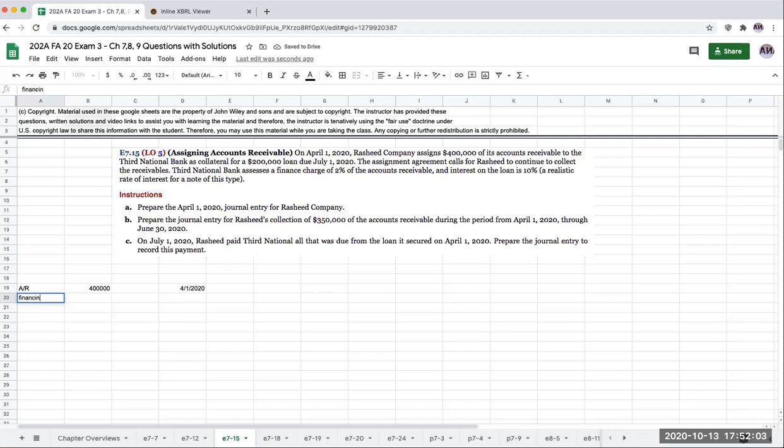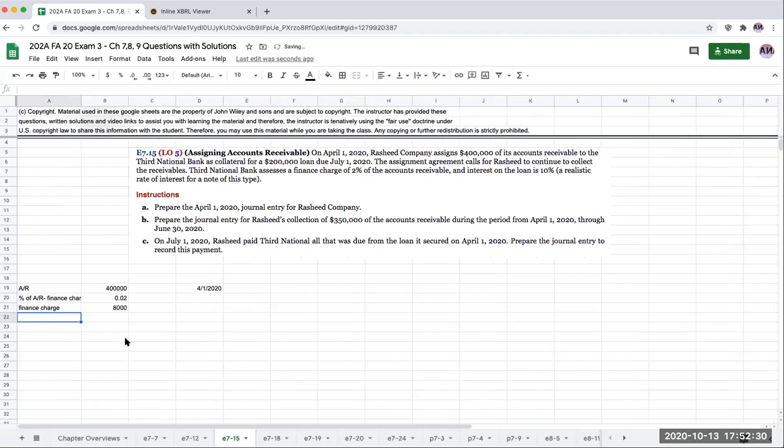The finance charge is 2% of this amount, so the percentage of AR times the finance charge. My finance charge is going to be $8,000.